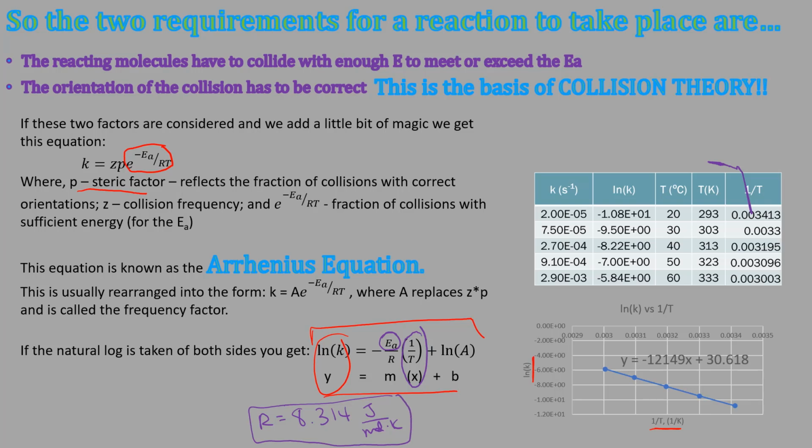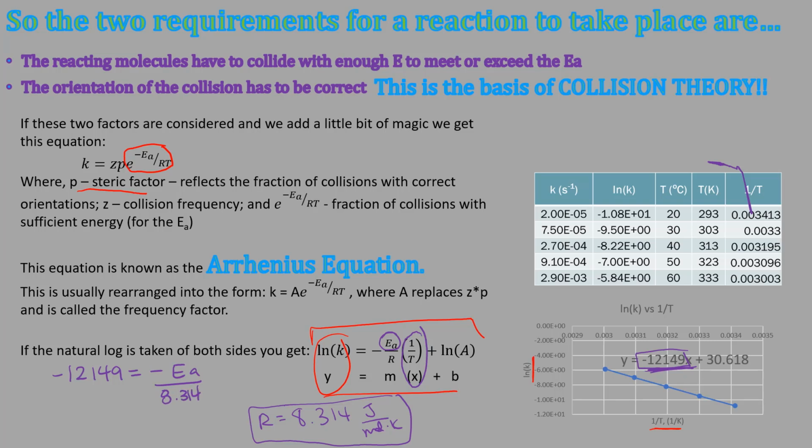And so if we wanted to calculate the energy of activation using our slope, we would say, okay, m is going to be equal to negative E sub A over R. So if I use my slope, negative 12,149 is equal to negative E sub A over 8.314.